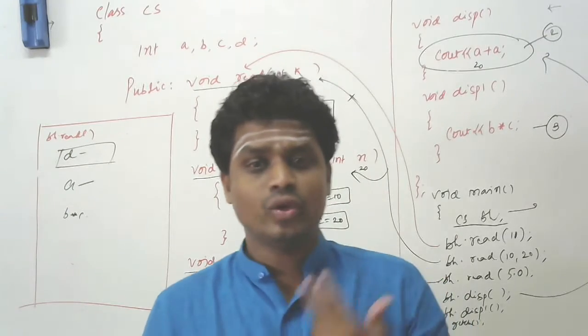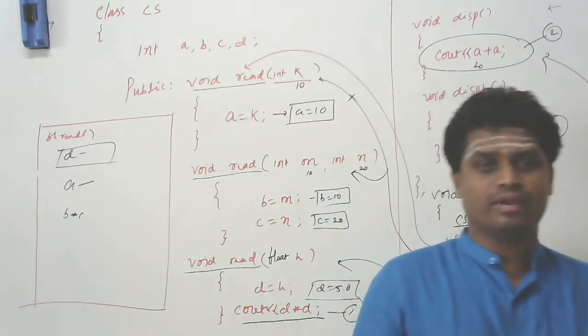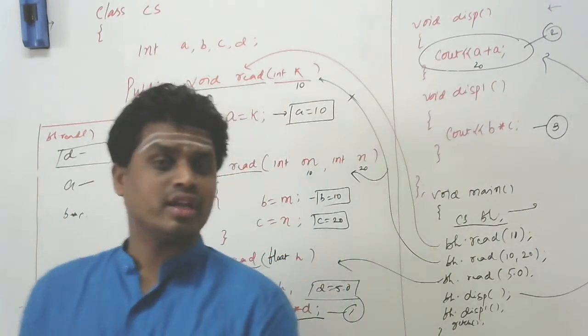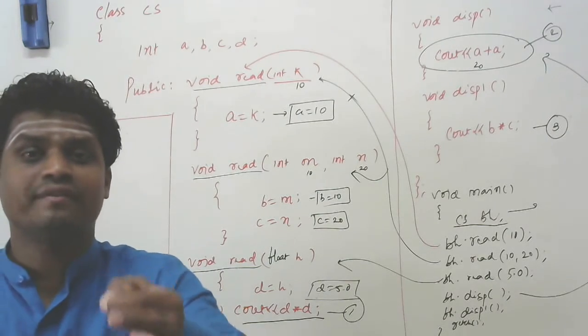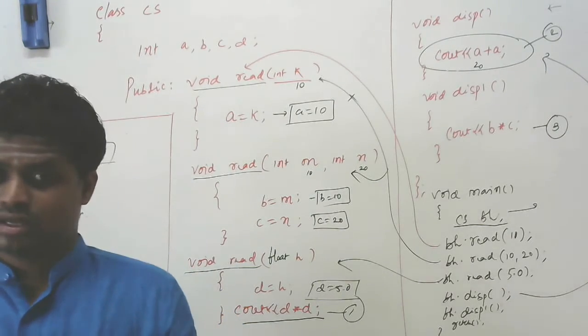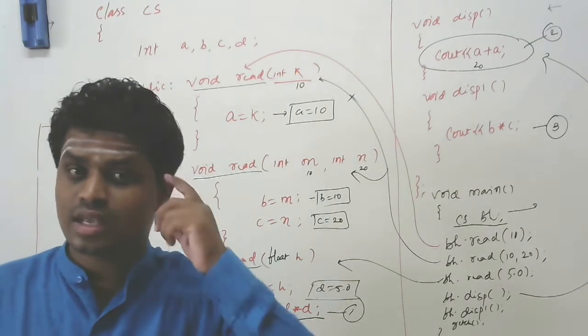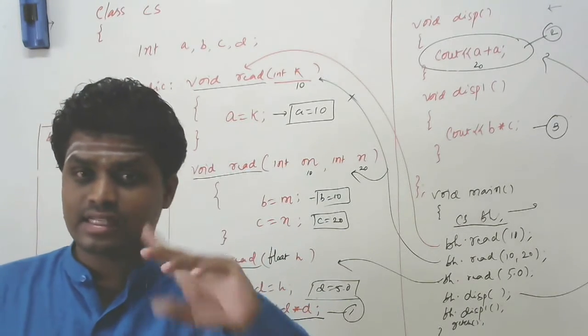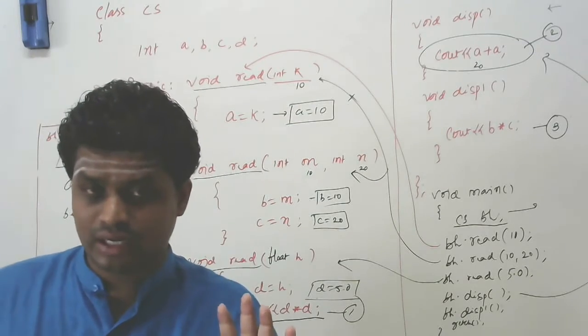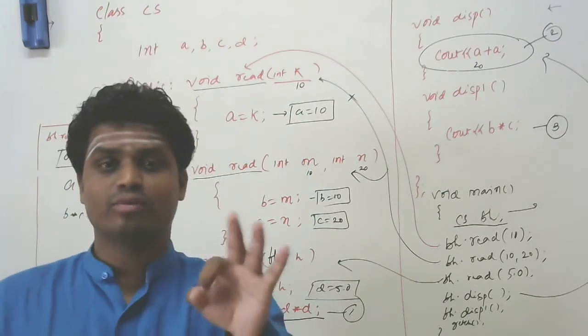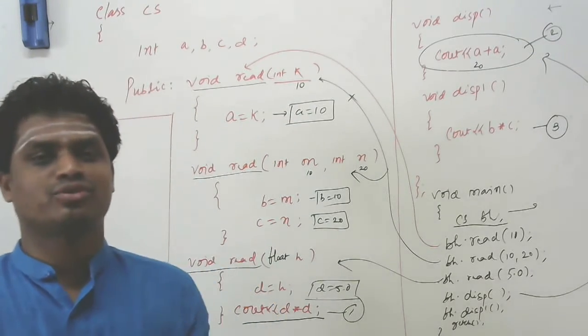Second point, when you call the same function name, you define the arguments. When you define the arguments, keep in mind that either the size of the arguments is supposed to be different, or if the argument sizes are the same, then the data types are supposed to be different.